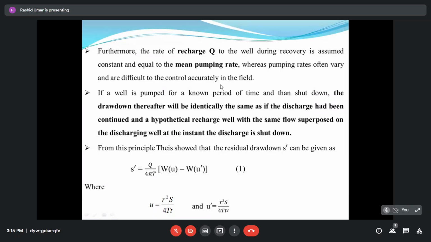Whereas pumping rates often vary and are difficult to control accurately in the field. It's not the case. We are able to maintain the pumping rate in the field by using instruments like the orifice and V notch. I have done this pumping test in other places.